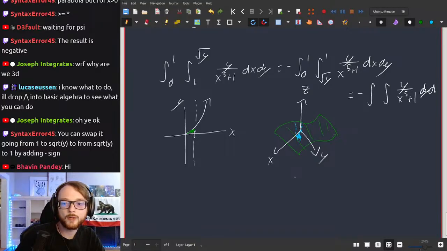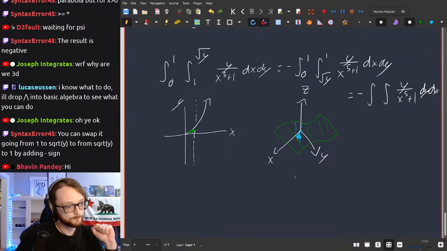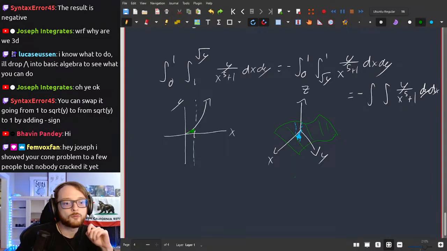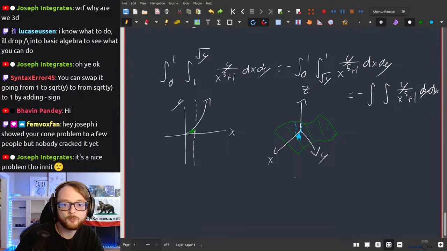So if we want dy dx instead, I always start with the inside and then work my way outside. So we need to figure out what y is ranging from. y starts at 0, and it goes up to this function, which is x equals root y, but we're going to make it y equals x squared because we want y equals something now.